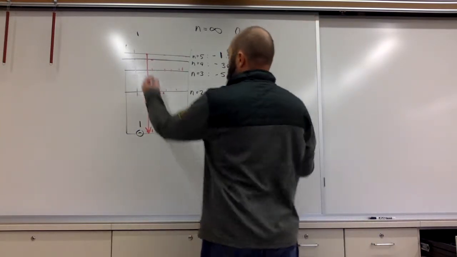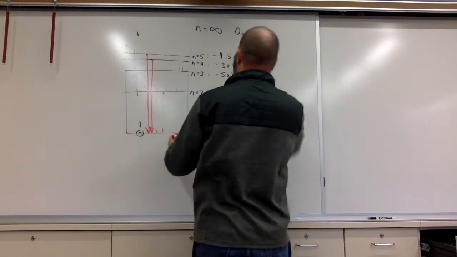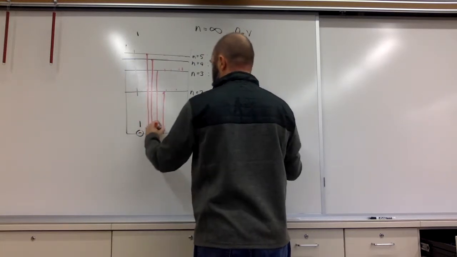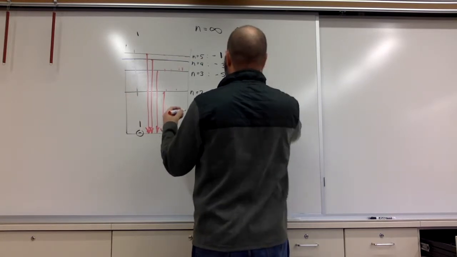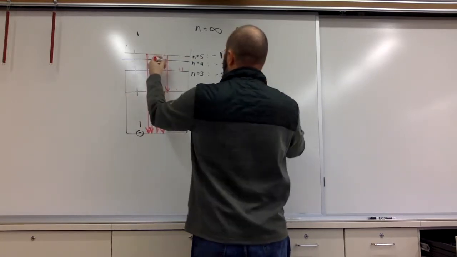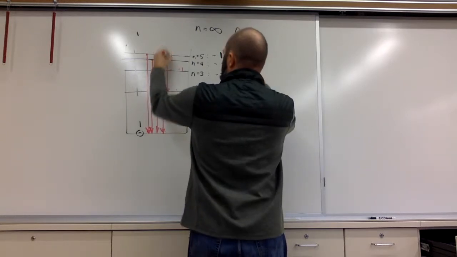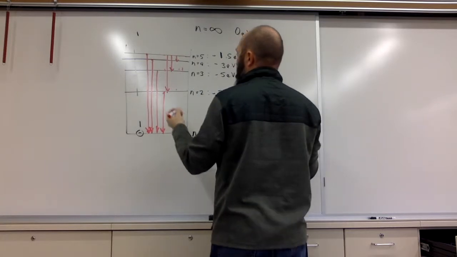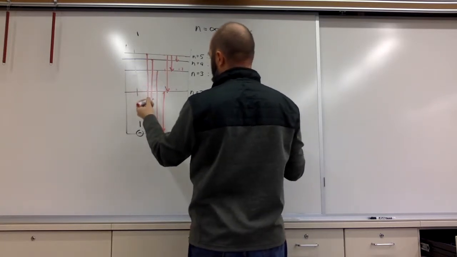This one would be a 9 EV photon, a 7 EV photon, a 5 EV photon, a 5.5, a 3.5, a 1.5.